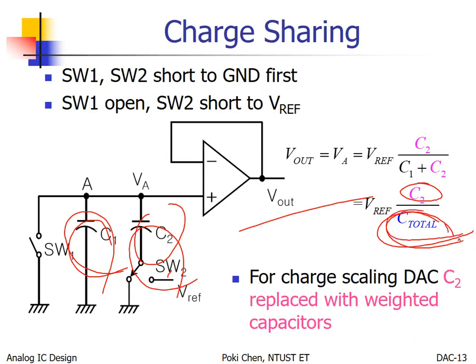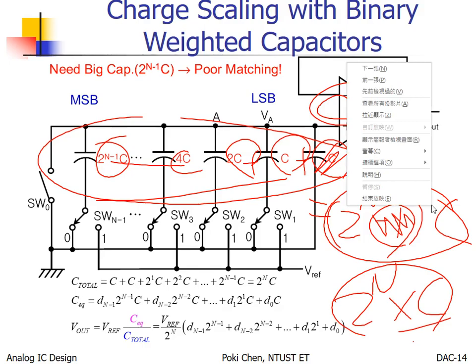If you ask me, how about C2? I told you already. For all those capacitors, be switched to V reference. But as I told you, if the control bit is 1, then the capacitor will be counted here. So what is the total C2?